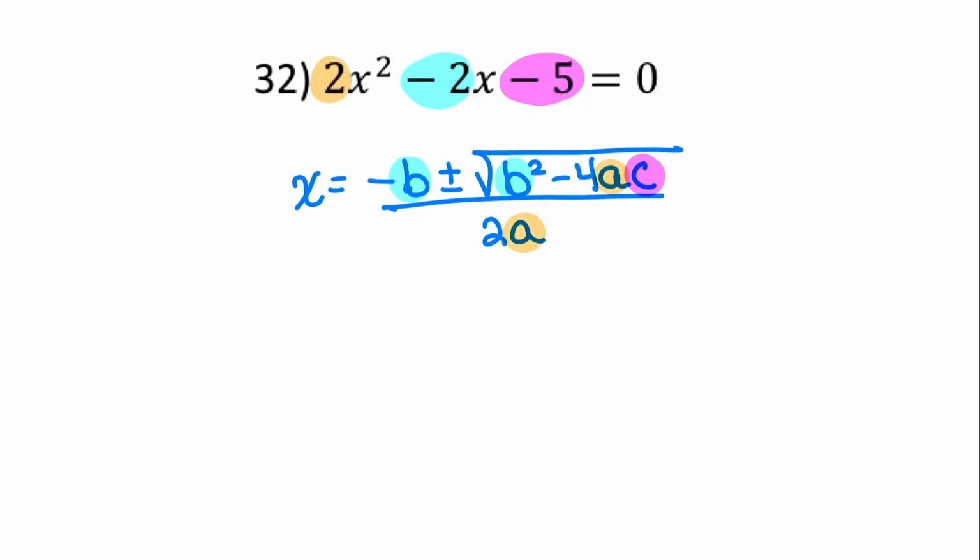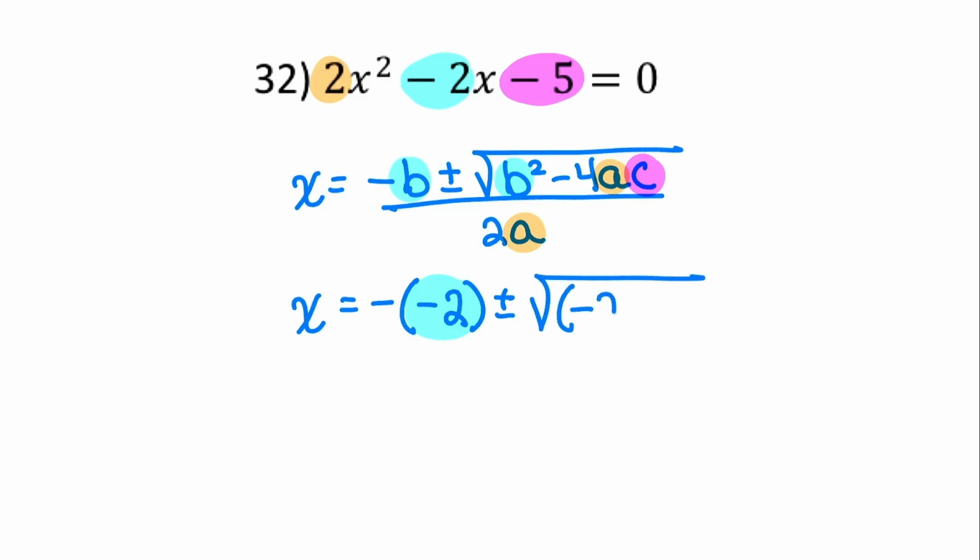So here's where we plug everything in. X equals, negative is a part of the formula, and b is also negative 2, plus or minus the square root. Again, b is negative, so we're going to go ahead and plug that in that way. Minus 4 times a is 2, c is negative 5.